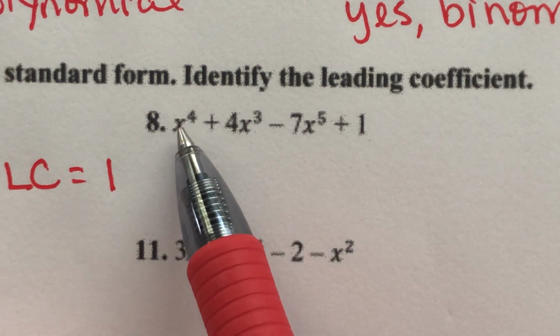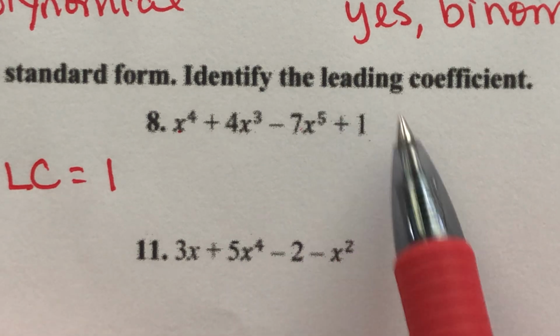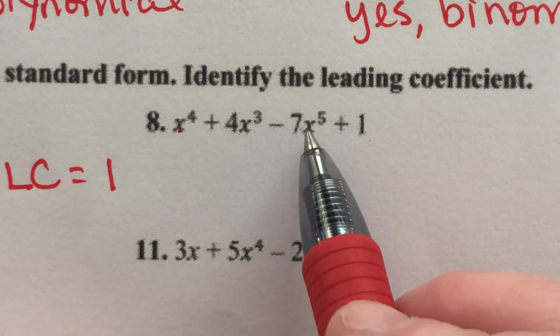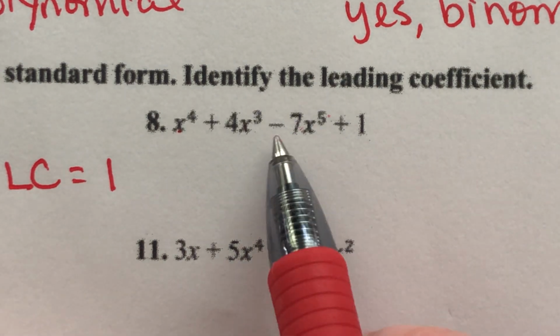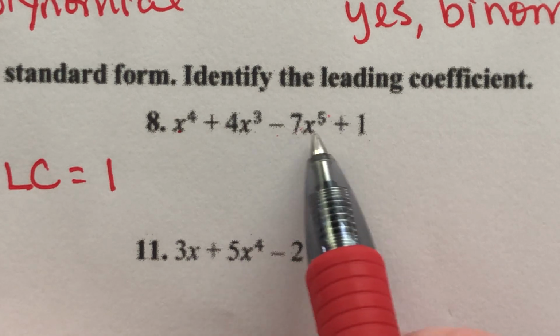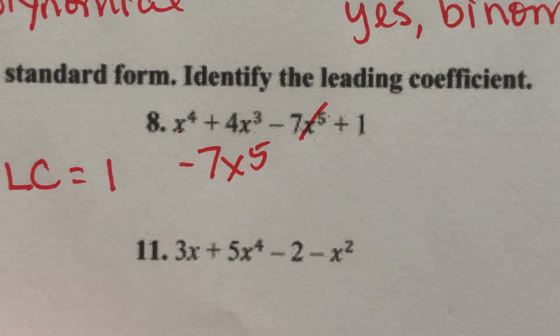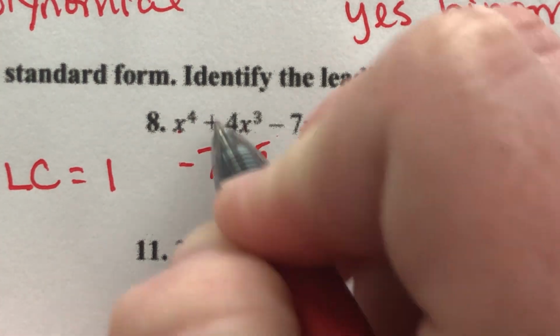All right, I've got x's, I've got a 4, a 3, a 5, and nothing. So I can't simplify this at all, but I can put it in standard form. The biggest exponent here is this 5, so this whole term is negative 7x to the 5th. The next biggest I have is 4, so positive x to the 4th.